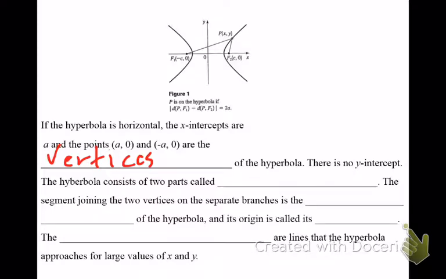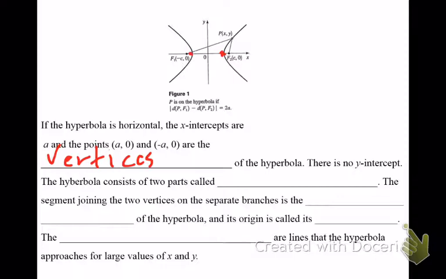There is no y-intercept. So A,0 and negative A,0 would be the vertices of the hyperbola. That would be this point and this point.